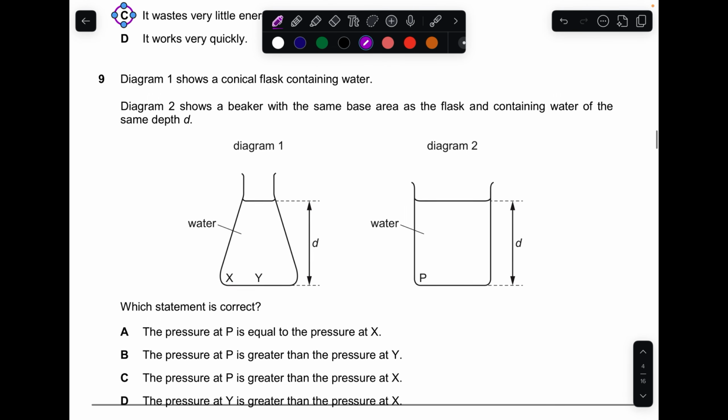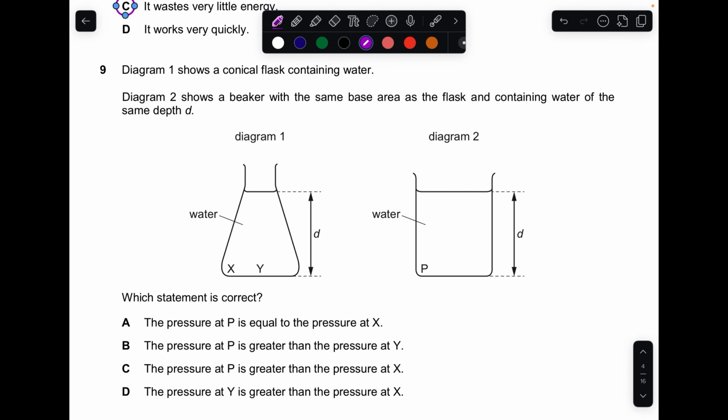Diagram 1 shows a conical flask containing water. Diagram 2 shows a beaker with the same base area as the flask and containing water of the same depth. Which statement is correct? Okay, so the pressure at P is equal to the pressure at X. So pressure in liquid, we know it is rho gh. As both have the same liquid, its density is the same. g is constant, so P depends on the depth, that is h.